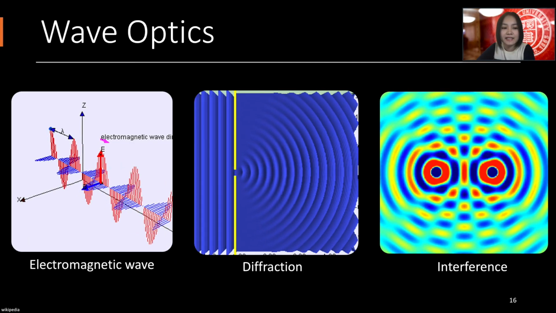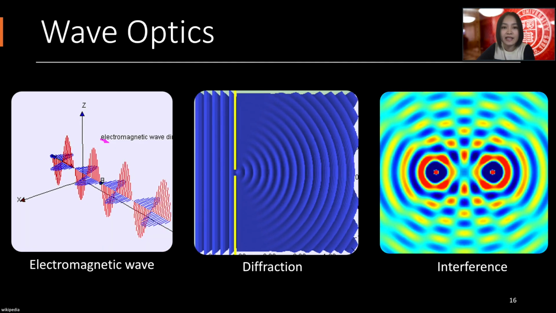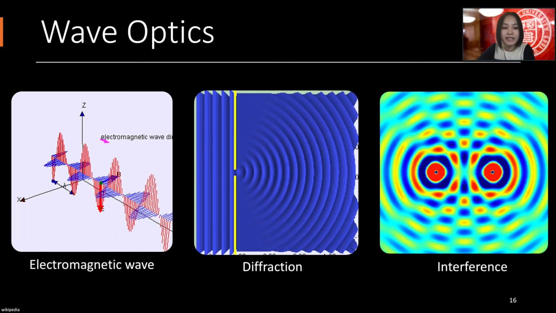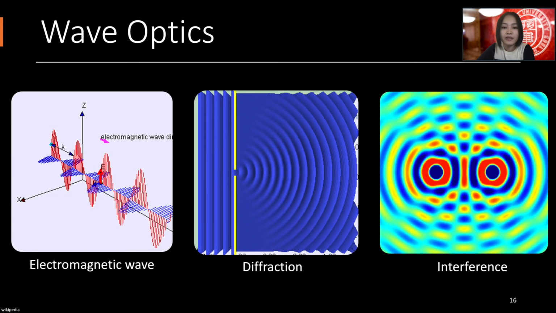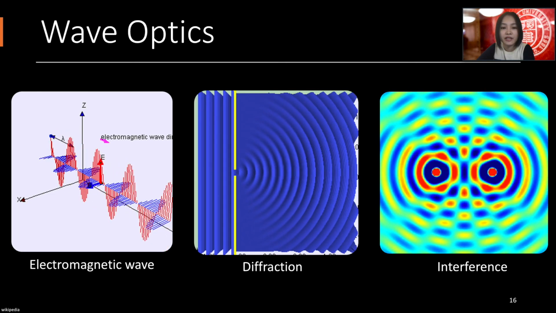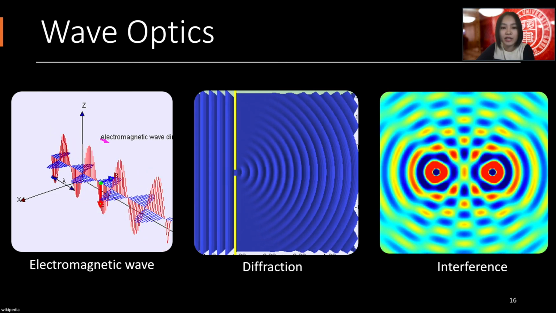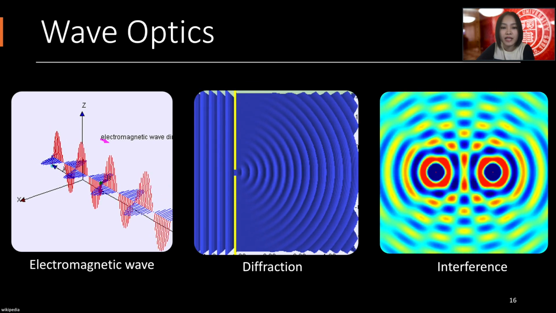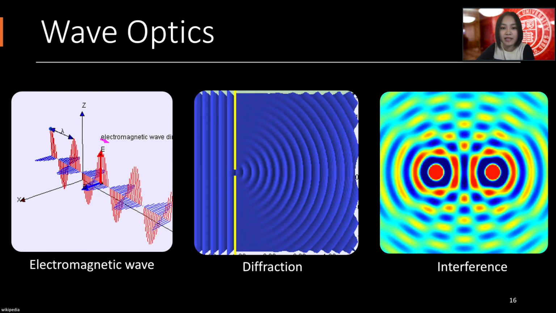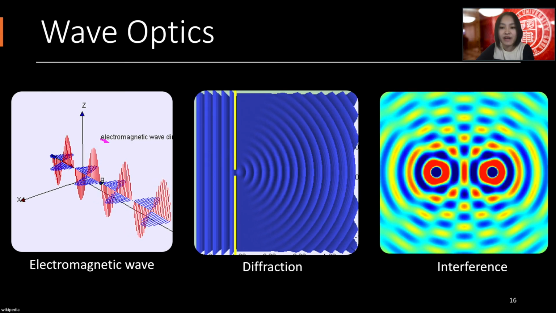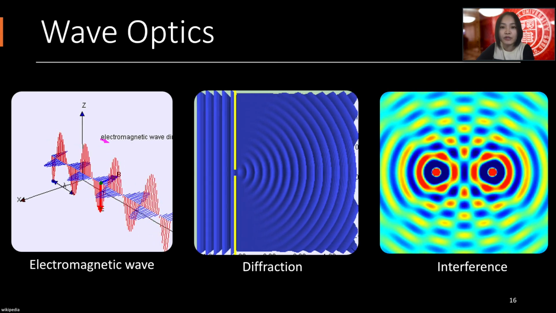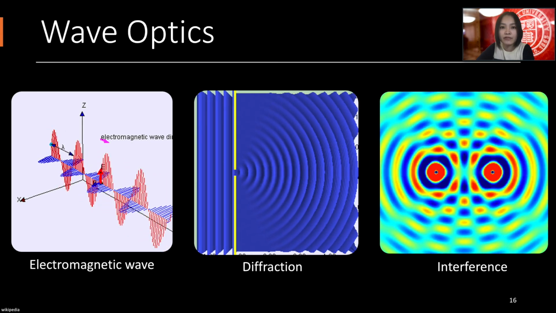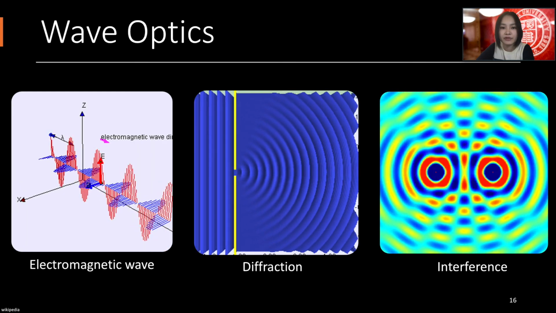Wave optics is the theory that studies light propagation as electromagnetic waves. The middle is an animation showing diffraction, which is bending of waves around the corners of an obstacle into the region of geometrical shadow. The animation on the right shows interference, where two waves superpose to form a resultant wave of different amplitude.